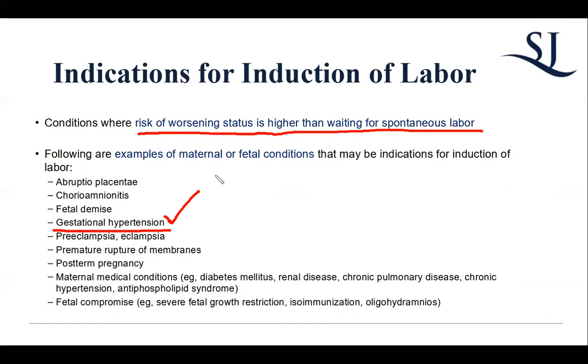Otherwise, if we're waiting for a mom to go into labor, we can take it all the way to what is defined as late term. Does anybody know how many weeks that is? Well, a term pregnancy is how many weeks? 40, okay? So your late term is 41.